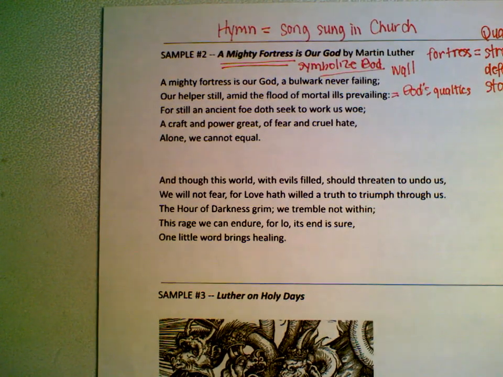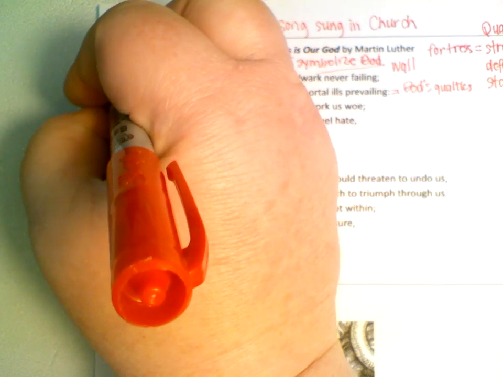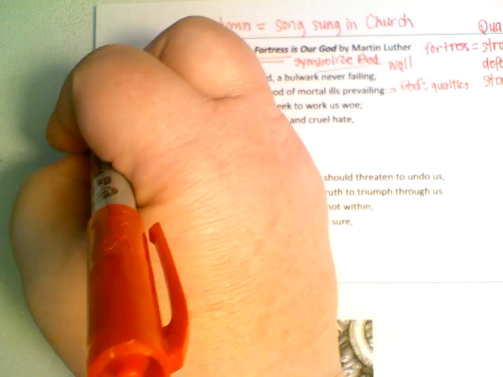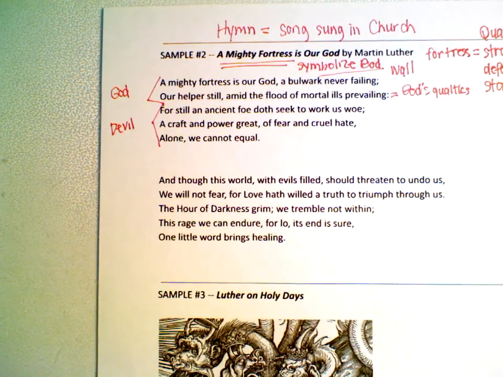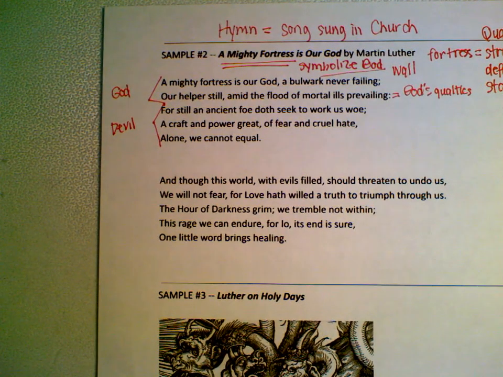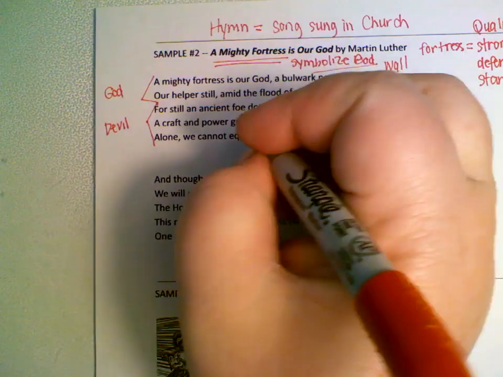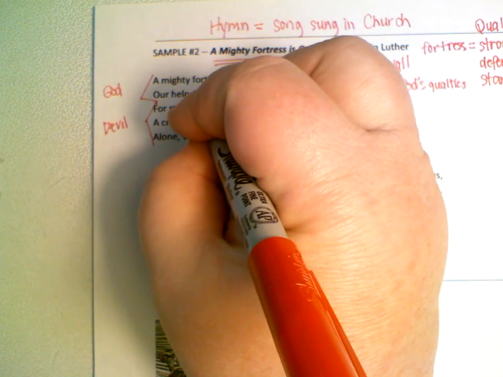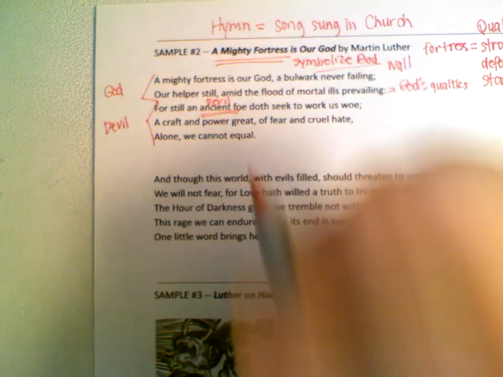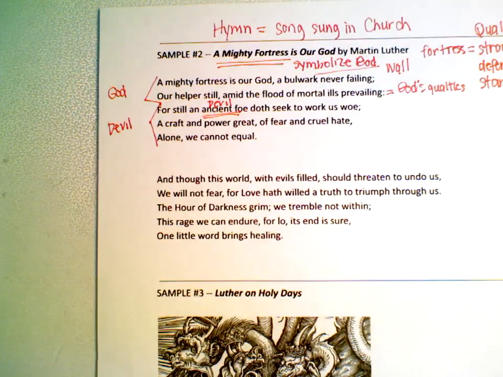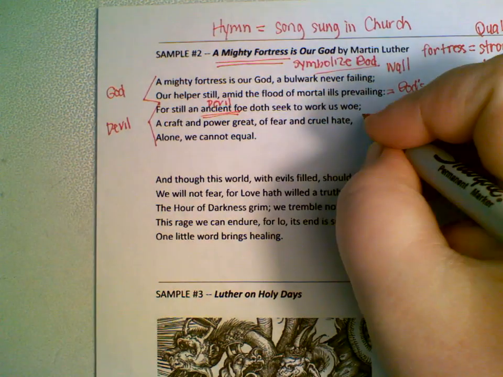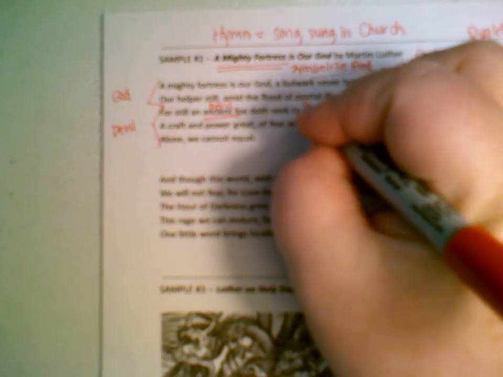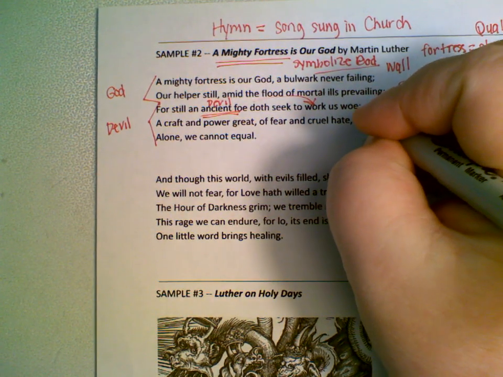Now we have a switch. This is about the devil. We're going to switch in how we're talking about this. For still an ancient foe. This right here, ancient foe, is the devil. Doth seek to work us woe. So this devil is going to try and make us sad.